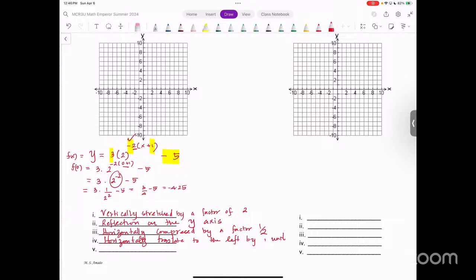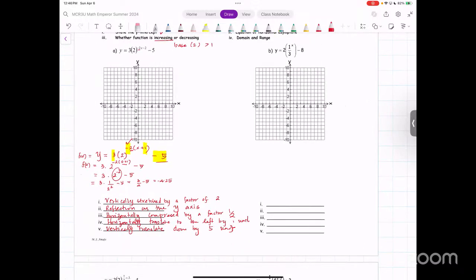And vertically translate down 5 units, which is also correct because you're going to translate down because of the minus 5. All right. I don't want to spend time doing all the questions, so time needs to be utilized here so I can keep going on finishing that.